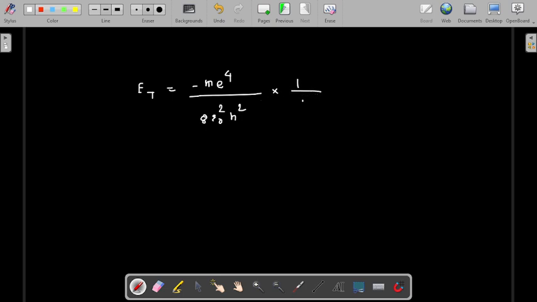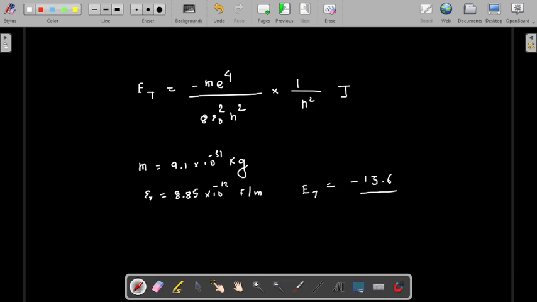I am removing this n square outside because it indicates the number of the state at which it is present. Now we can substitute the mass of the electron, m is equal to 9.1 into 10 power minus 31 kg, and epsilon naught, which is equal to 8.854 into 10 power minus 12 Farad per meter. Similarly, we can substitute all the values and we will get the final numerical value of minus 13.6 divided by n square eV.